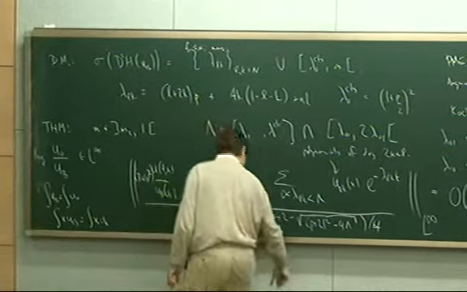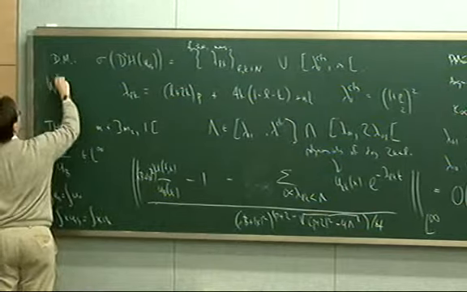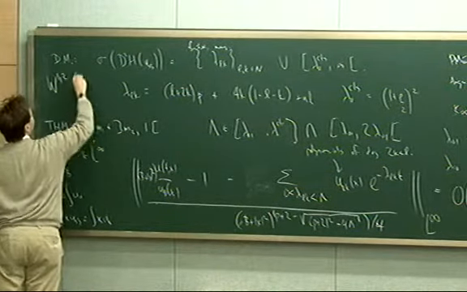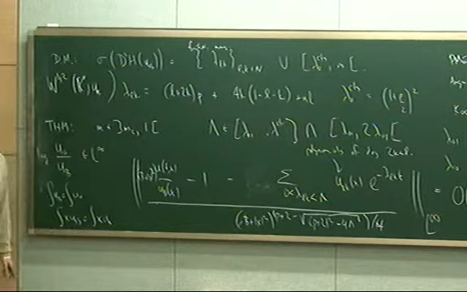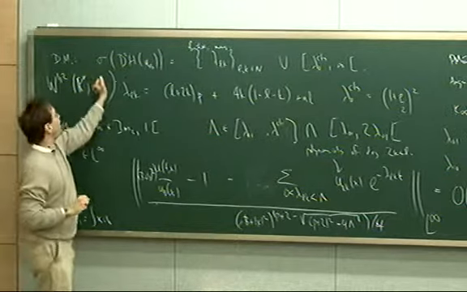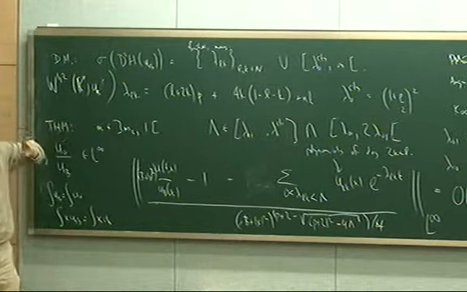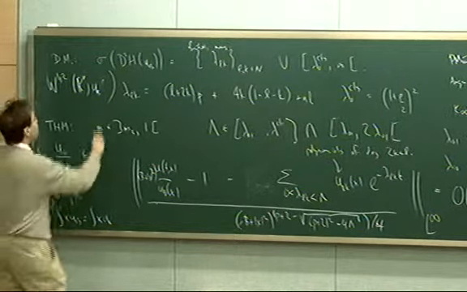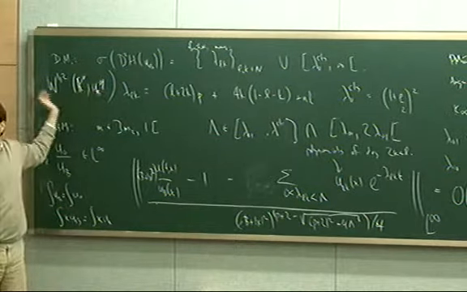So you're thinking about this as an operator on some space which has the structure of a Sobolev space, W^{1,2} of R^n, with respect to a weight. Now I can put a power here. If the power is 1, this is a self-adjoint operator on the Hilbert space, and that's how we computed the spectrum. But if I put a different power here, this is no longer a self-adjoint operator, but it still acts on this space.